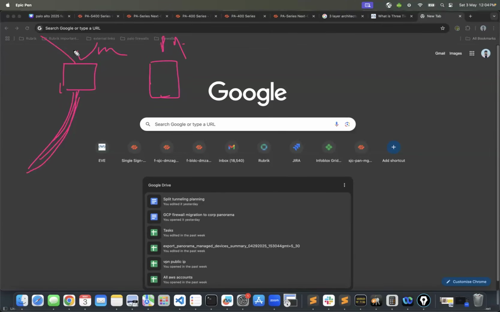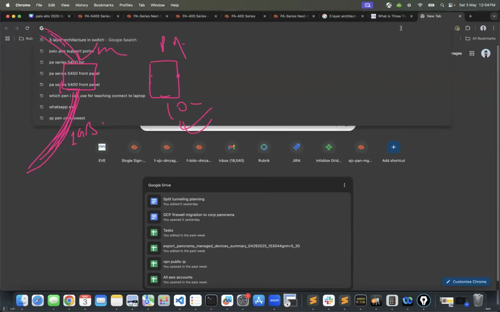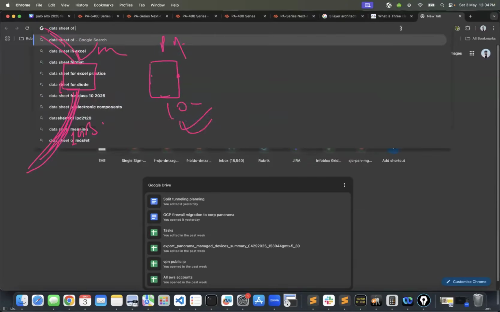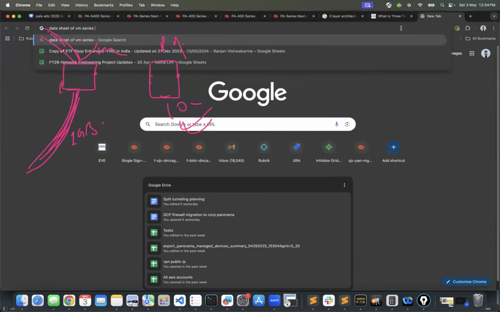Pipe means the ISP bandwidth you are using at the data center. For example, if you are using a 1 Gbps or 10 Gbps connection, definitely the performance will be more. Now the ports will be the same, not physical ports, but the ports will be the same. You can check the data sheet of the VM series firewall.